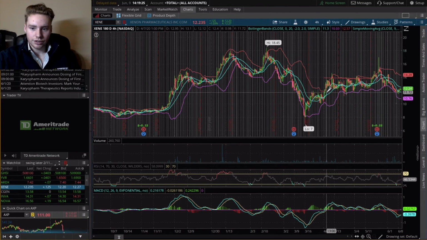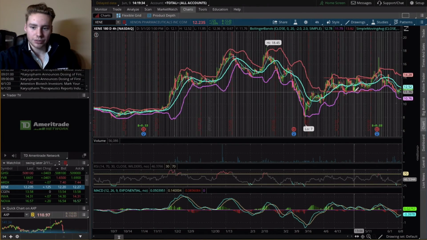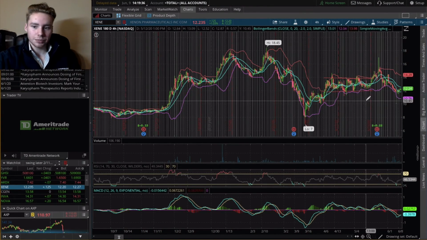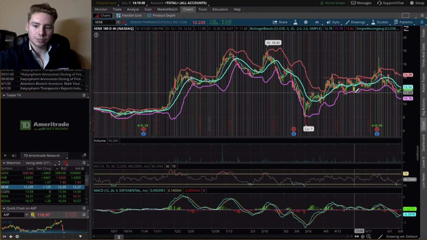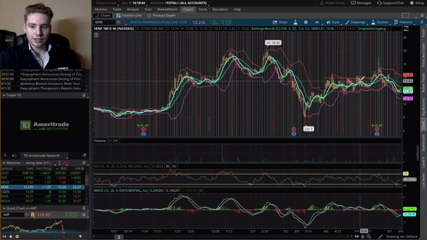It's generally moving between these two lines, and we can see that from the Bollinger Bands. Once it hits the top of the Bollinger Band, it goes back down. So you can try to trade off the Bollinger Bands because they're predicting how low and how high. Entry and exit points is essentially what they're predicting.